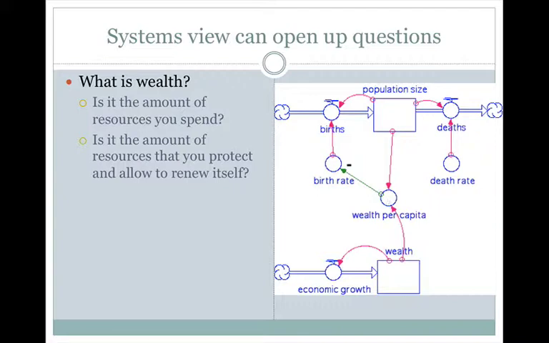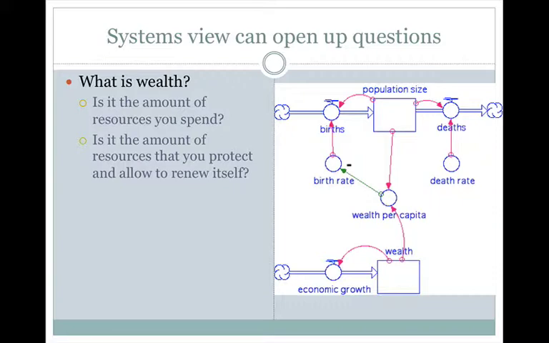Now, that's a pretty broad topic, and again, we'll be talking about that when we talk about the demographic transition. But just opening it up here and talking about here's population growth, here's economic growth, these are connected by wealth per capita. This visual here really shows what are we talking about when we talk about wealth?